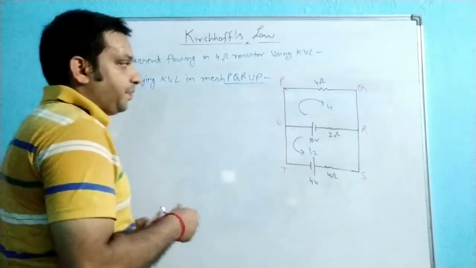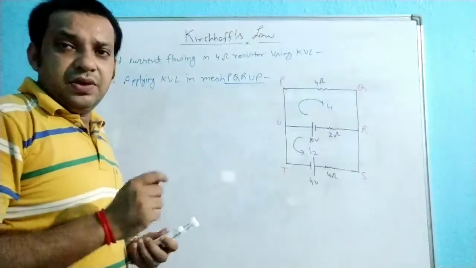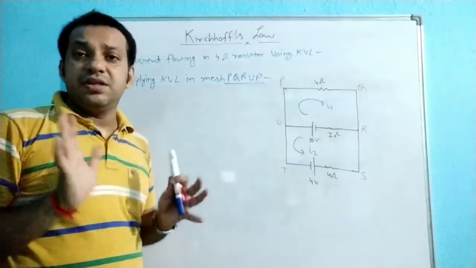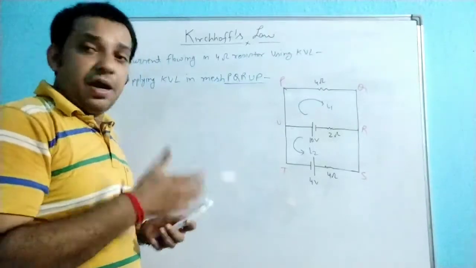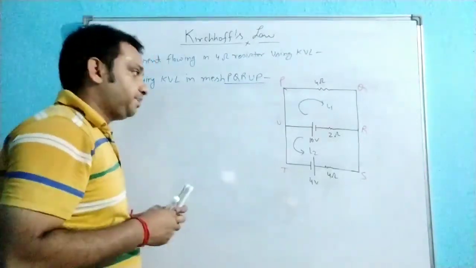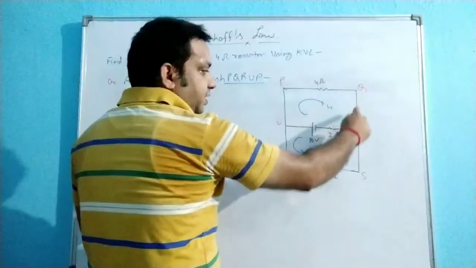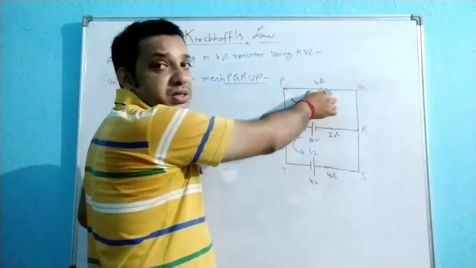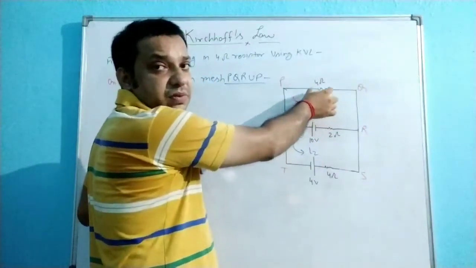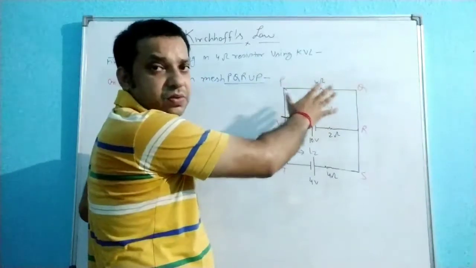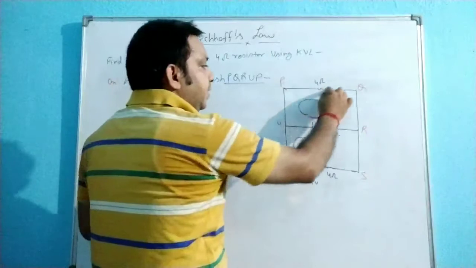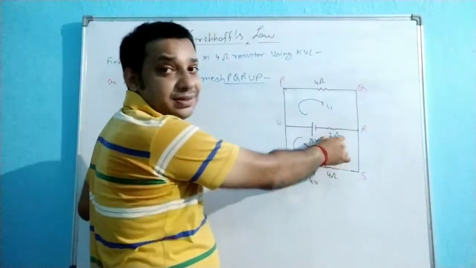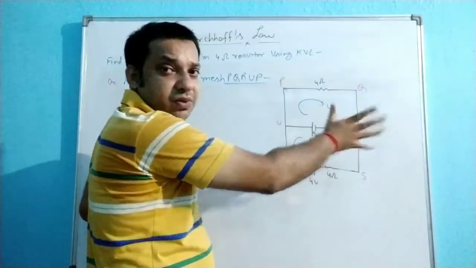So, what is the statement? You have to take the sum of all the potentials, and that value should be equal to 0. See the potentials in this particular mesh. There is one potential drop across this resistance, and the value is I into R. Another resistor is here, and again there is an I into R, whatever the amount of current flowing.